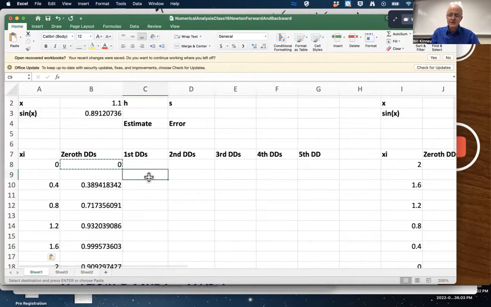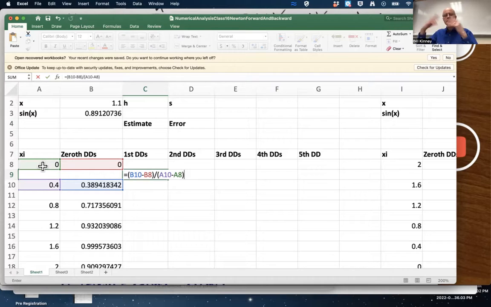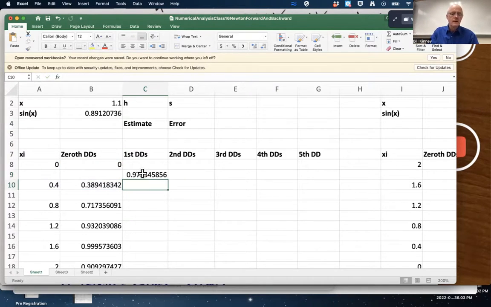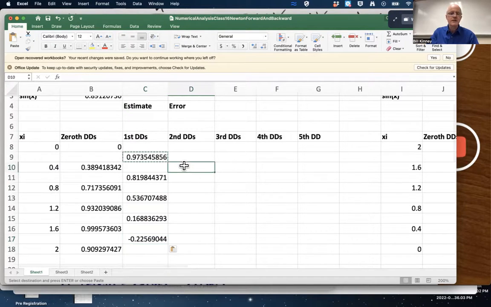Quickly doing the divided differences as a matter of review, you should still be able to do it for this assignment. The ordinary divided differences. Remember, for the first divided difference columns, we're taking divided differences of the 0th divided differences. Copy and paste that down in these spaces in between. For the second divided differences, we do a similar kind of thing.